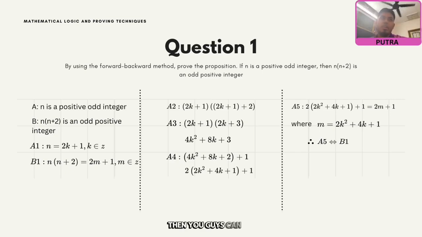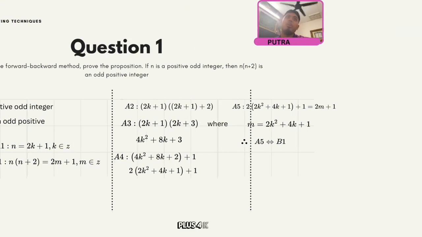Then, using a logical connective, take the final expression to equal 2m + 1, which is our conclusion. Then you can see that m is equal to 2k squared + 4k + 1.